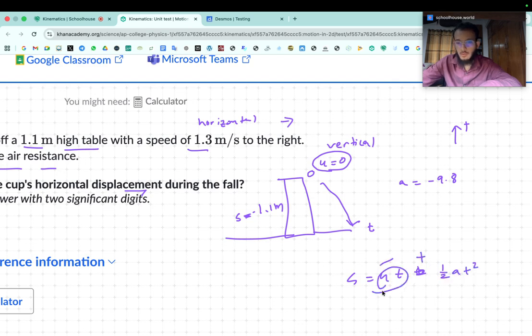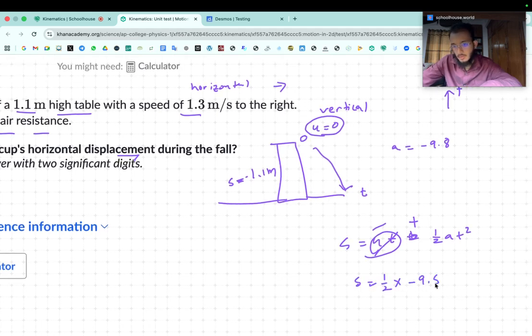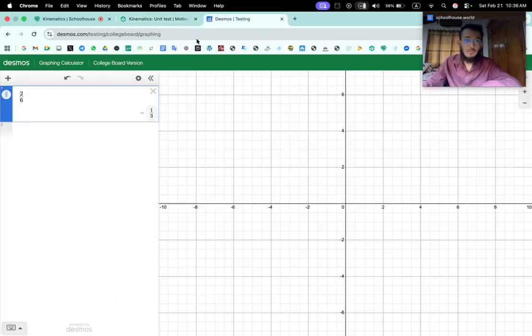Cancel this entire thing out. S equals half times A, negative 9.8, times T squared. And S is negative 1.1. Negative 1.1 equals half times negative 9.8 times T squared, and we have to calculate T from here.